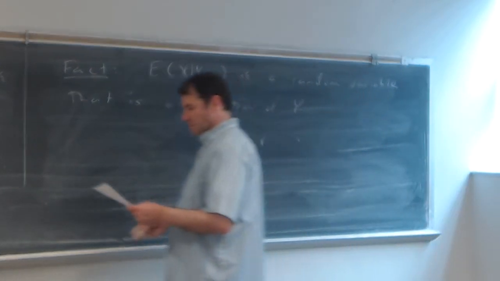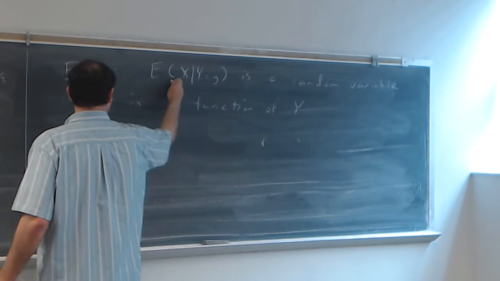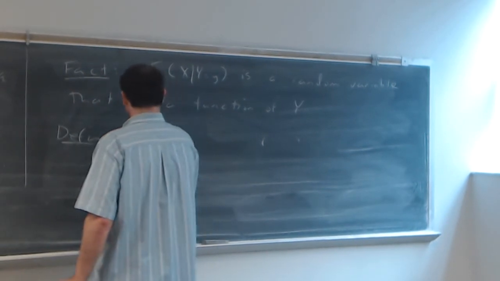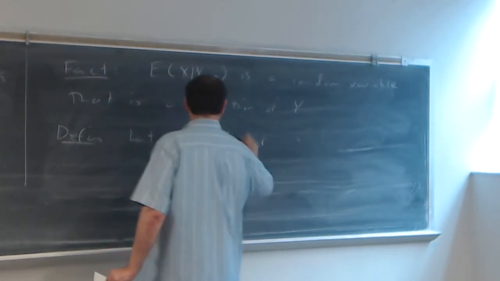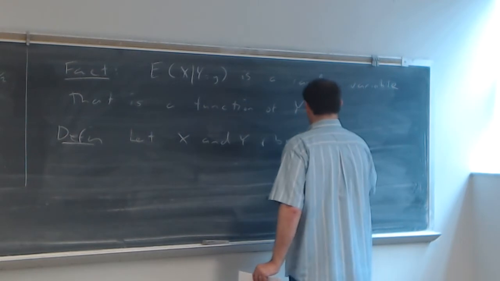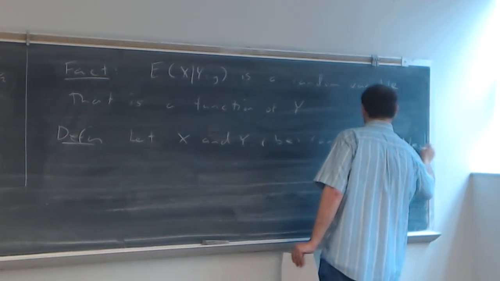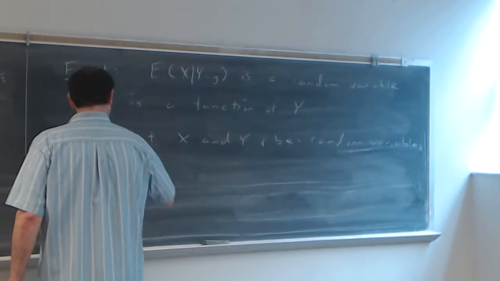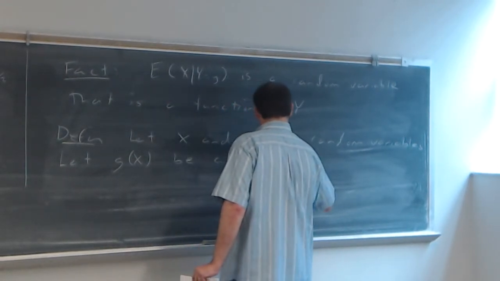And we can extend the definition of the expected value of x given y equal to y by saying we let x and y be random variables. Let g of x be a function of x.